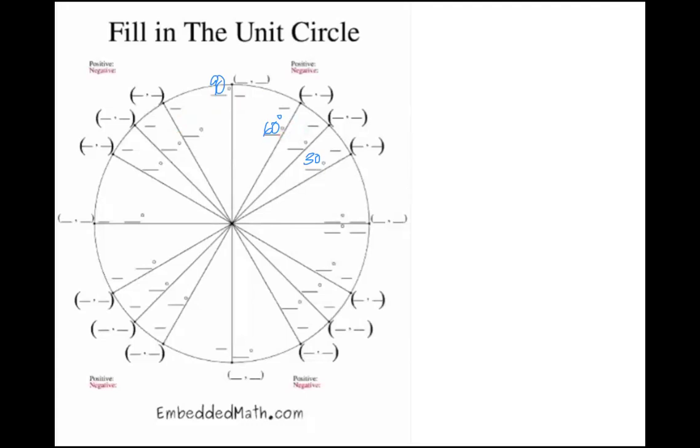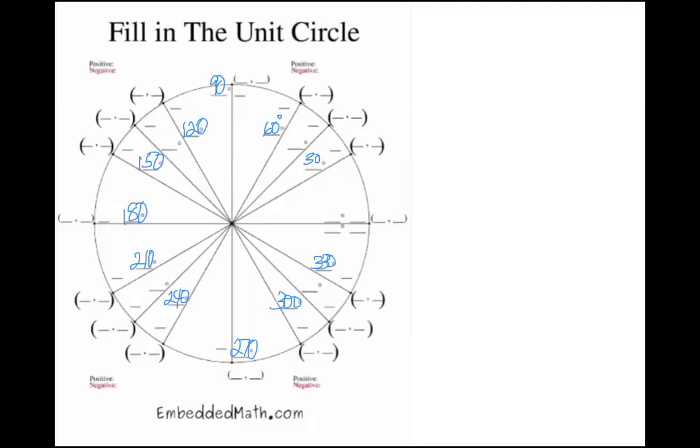30, 60, 90. And then right here, we've got 120. And then 30 more right there, we've got 150. 30 more, that's 180. 30 more is 210. 30 more is 240. 30 more is 270. 30 more, 300. 30 more is 330.